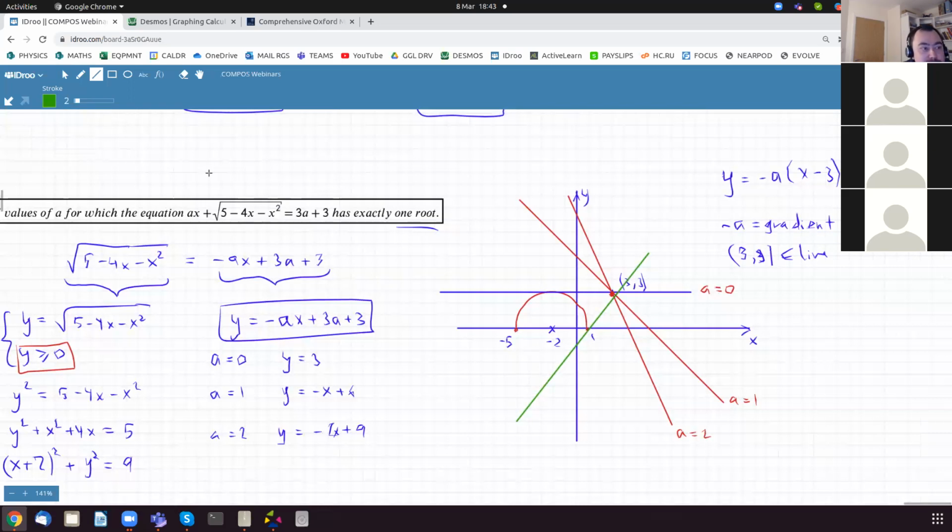And anything up to here has exactly one solution. It's very easy to find the gradient of that line because it goes between these 2 points. So the gradient of the line is 3 over 2, so A is minus 3 over 2.